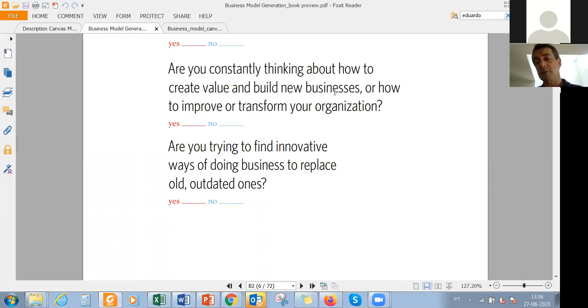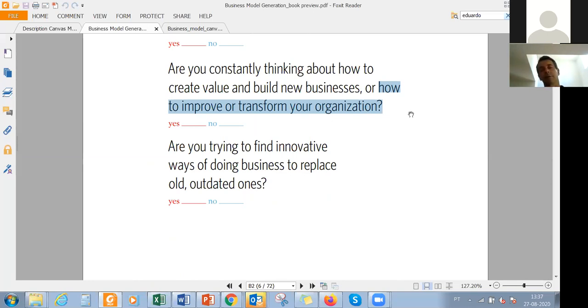But as I mentioned before, it is also very much relevant if we are not starting a new business, but if we want to improve or transform an existing organization. So it could be useful for a startup mode, but could be used for continuous improvement of an organization.